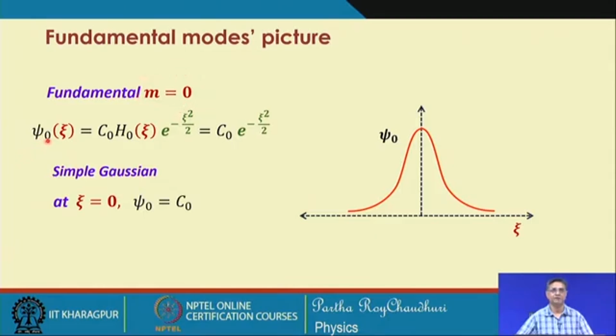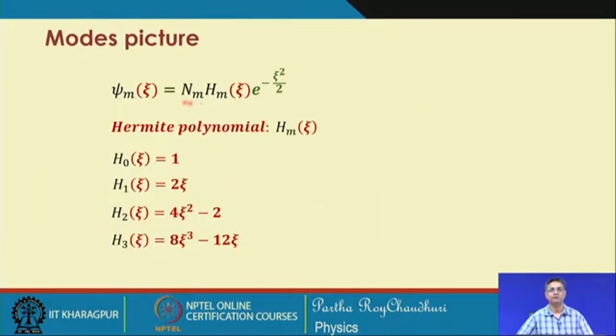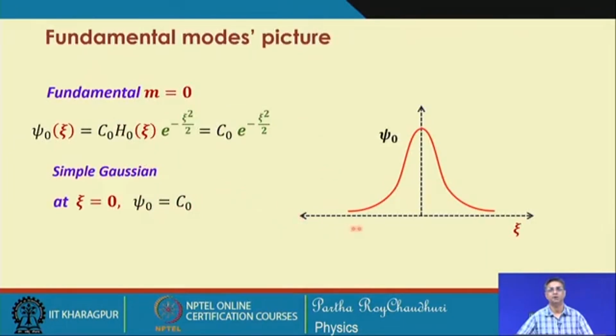Therefore, psi m becomes psi 0, C 0 is the constant, times the Hermite polynomial H 0 and the Gaussian function. If you try to plot this equation, H 0 equal to 1, so put together with the normalization constant, it is simply C 0 e to the power of minus xi square by 2. So, this is a simple Gaussian function. Even though it looks complicated that the wave function is a Hermite Gauss function, it reduces to a simple Gaussian as far as the fundamental mode is concerned.